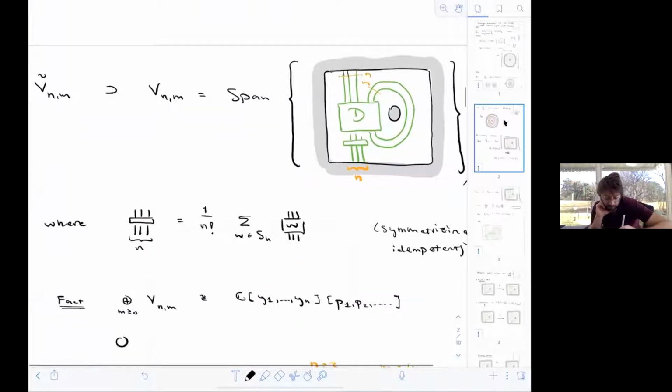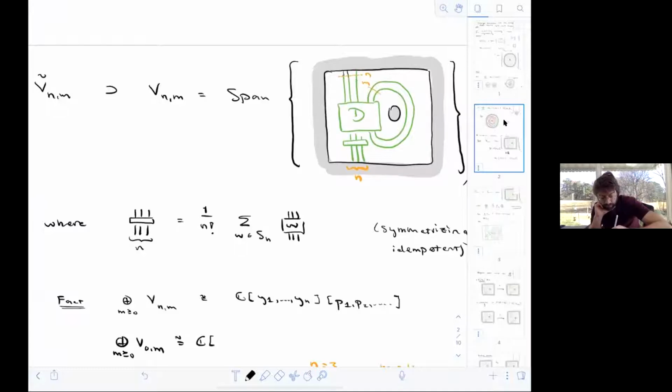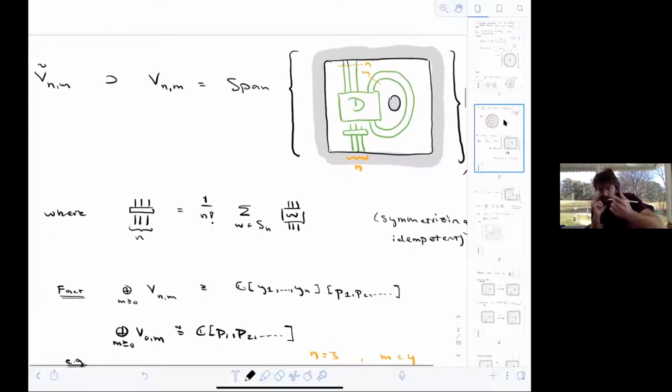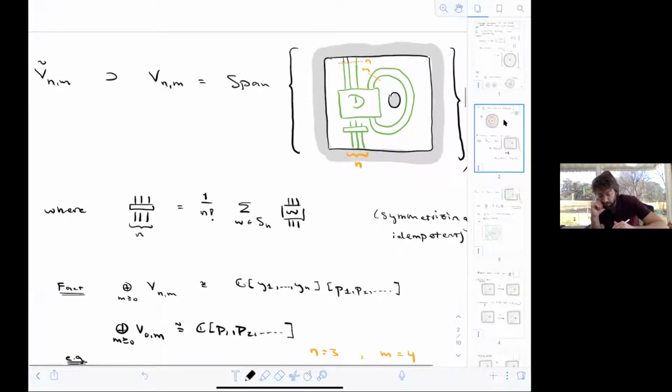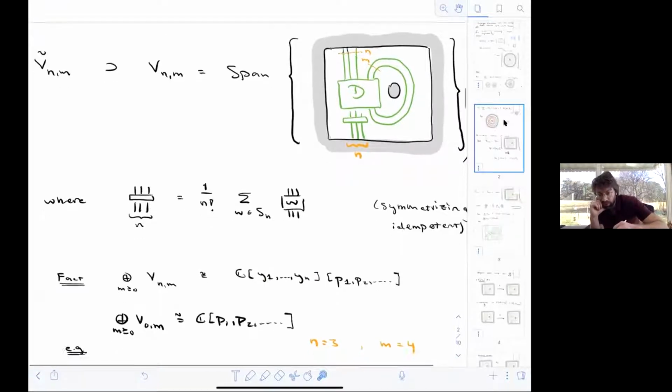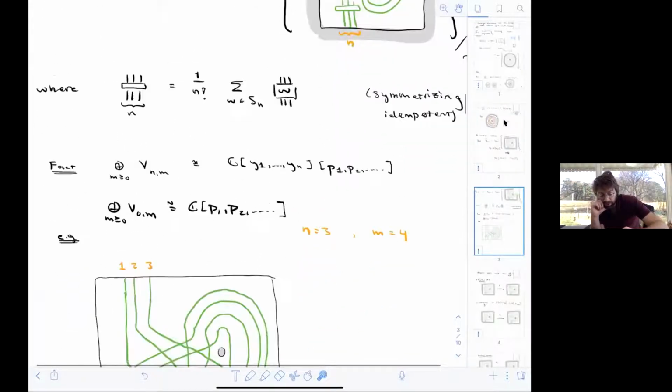So when n is 0, we recover the vector space from a moment ago. But in general, for general m's, if we leave some boundary points unglued, we get an extra factor of this polynomial ring in y's. And this will be a useful picture to have in mind.